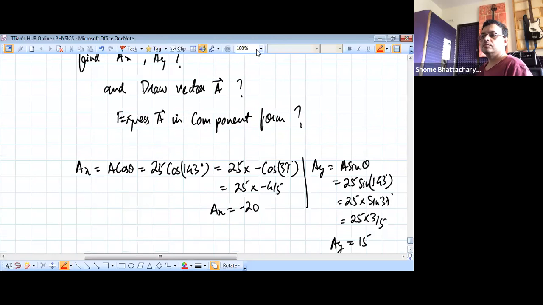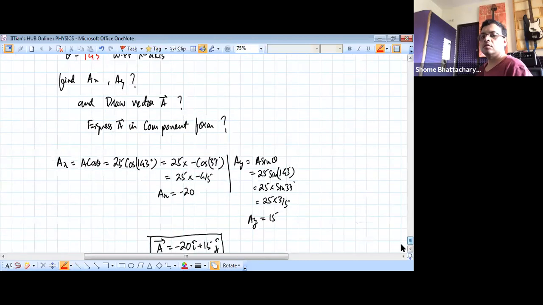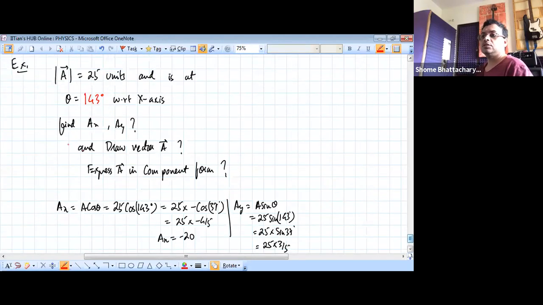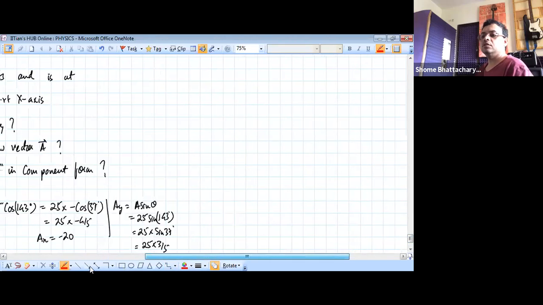No, so I showed you the calculation. You will not be getting different. Okay, so just correct the angle. Make it 143 instead of 150. Or you can simply just draw the vector. You will understand it's the same thing.